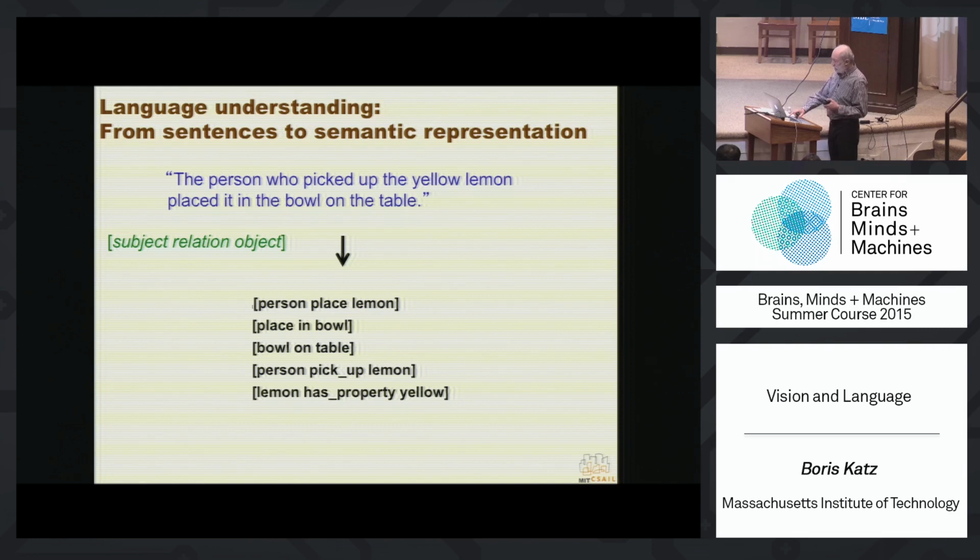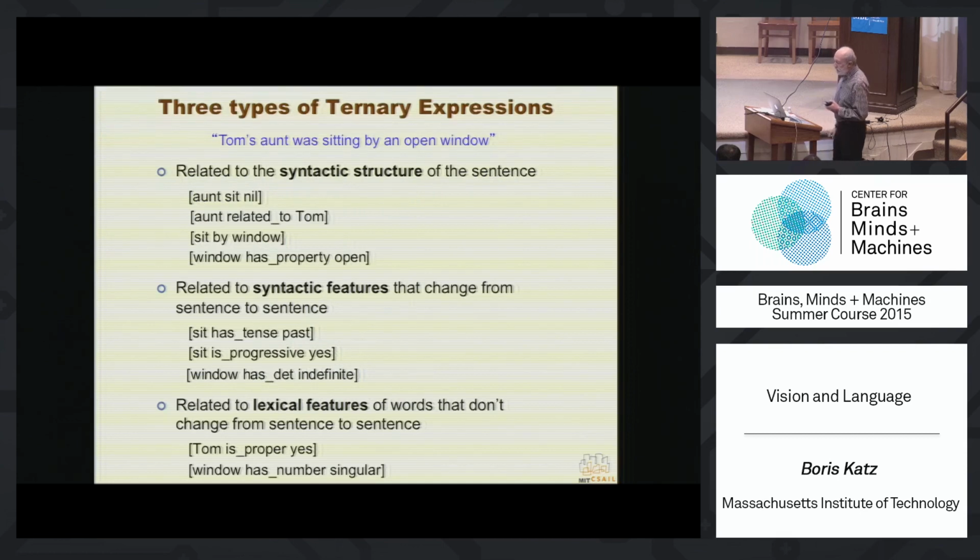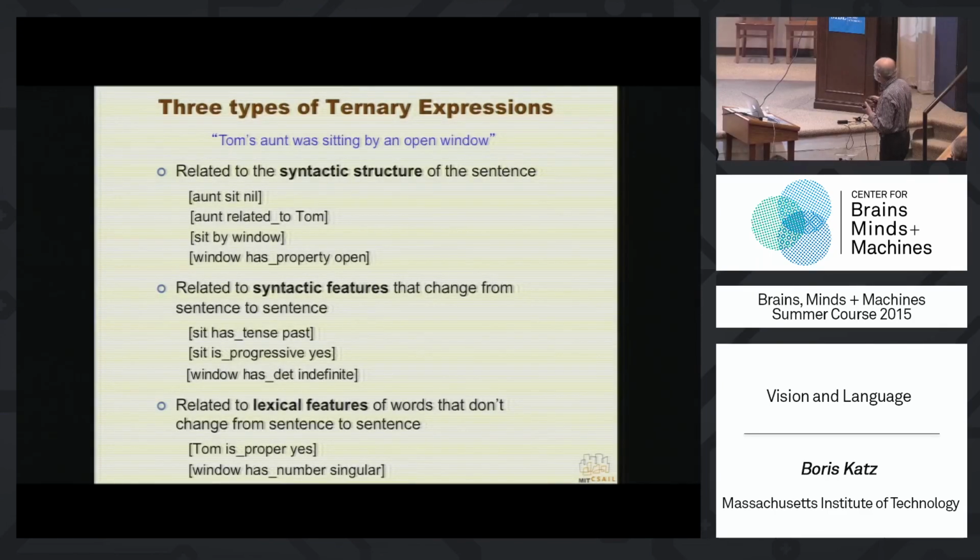So this is our representation, and we distinguished at least three types of ternary expressions. The first type, you see it here, is the syntactic structure of a sentence. We also have syntactic features, like the fact that it was past tense.